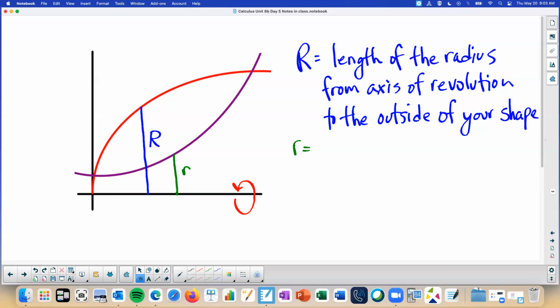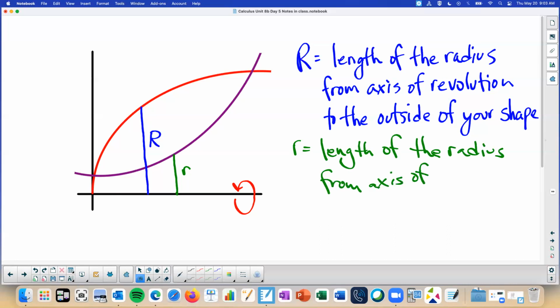Little r stops when you hit your shaded area or shape.